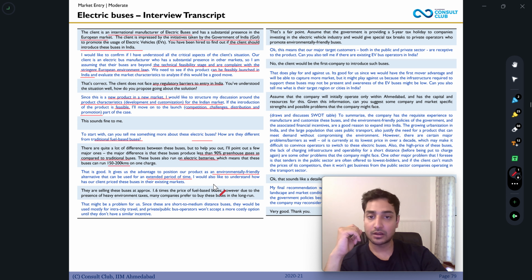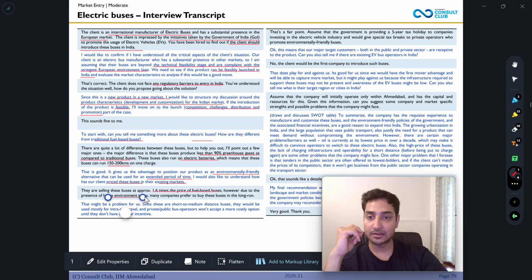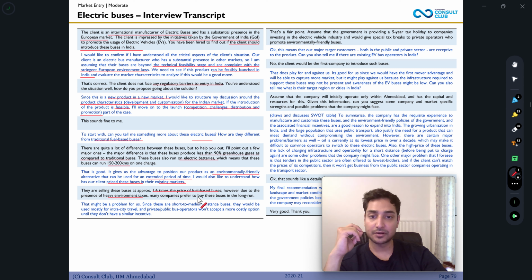I would also like to understand how our client has priced these buses in their existing market. They're selling these buses at approximately 1.6 times the price of the fuel-based buses. However, due to the presence of heavy environmental taxes, many companies prefer to buy these buses in the long run.